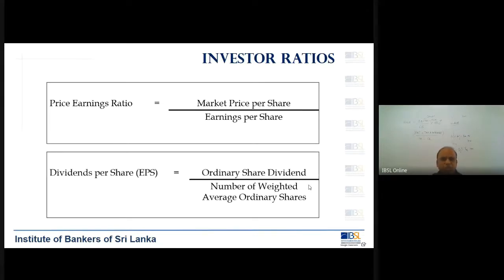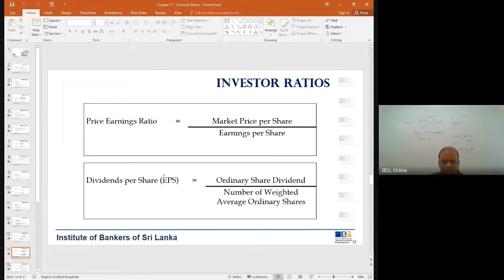So the first ratio that you calculate is dividend per share. You take the dividend paid and divide that by the number of weighted average ordinary shares. It is the same as what we used earlier for the EPS. Sorry, there is a small mistake here. This should be DPS.